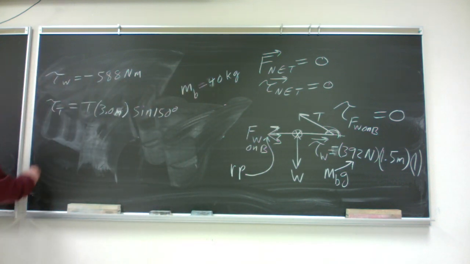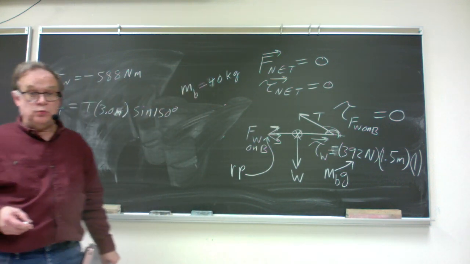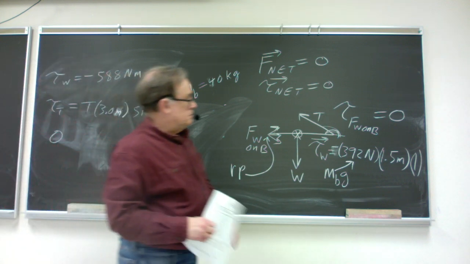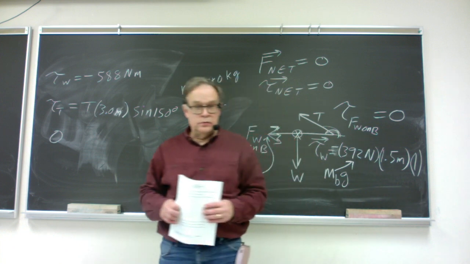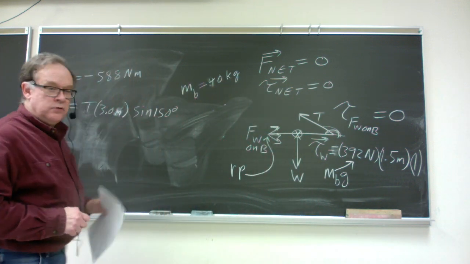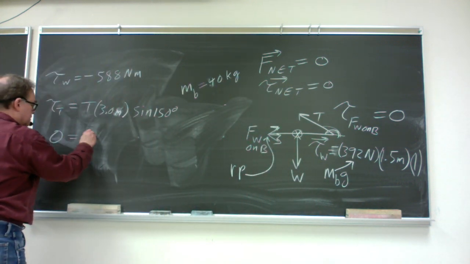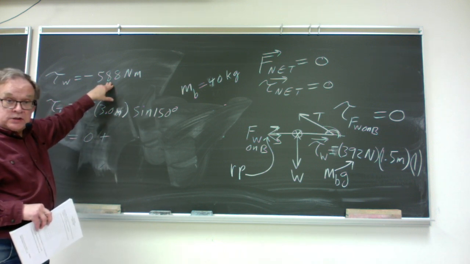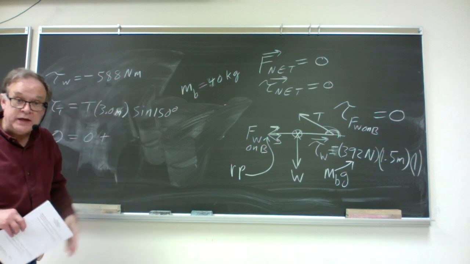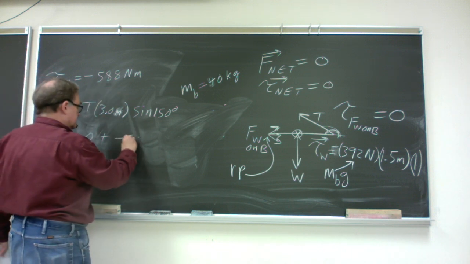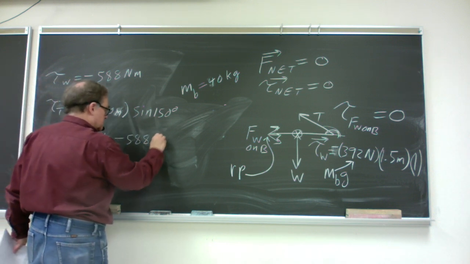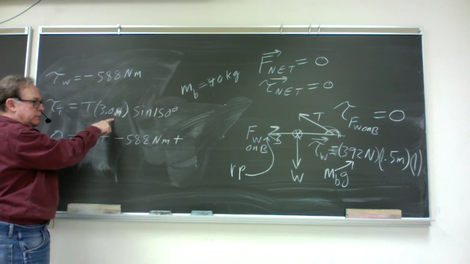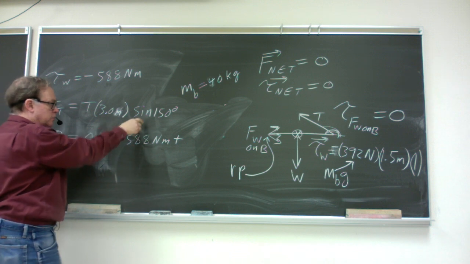That net torque, which is 0 because we're in equilibrium, is just the sum of the 3 torques. 0 is the torque from the force from the wall, and then minus 588 newton meters is the torque from the weight force, and then plus T times 3 meters times sine 150.